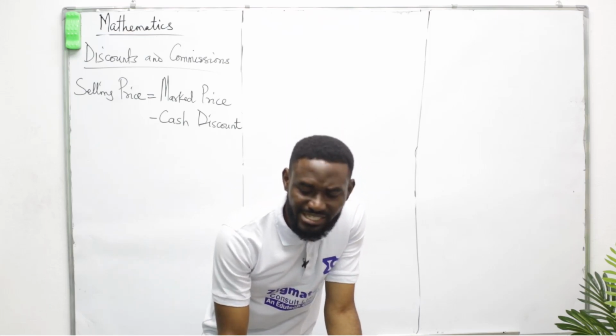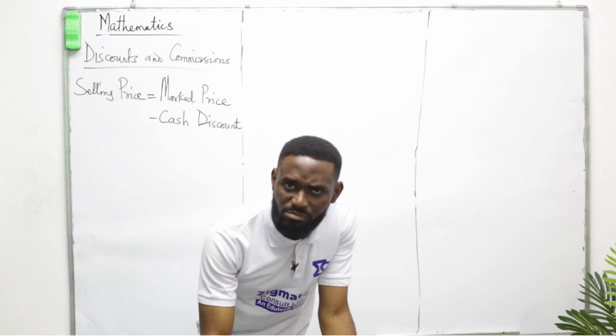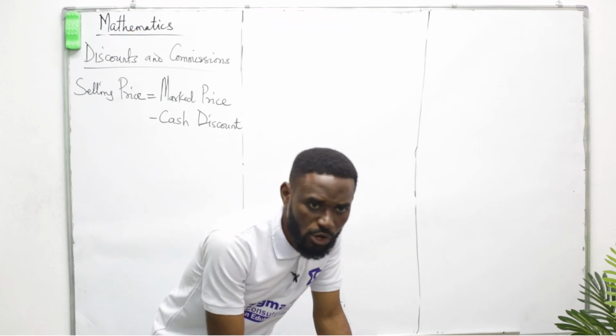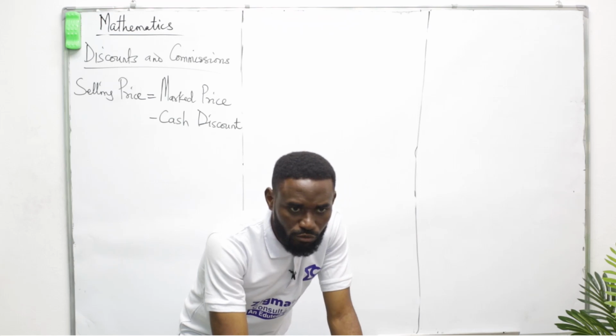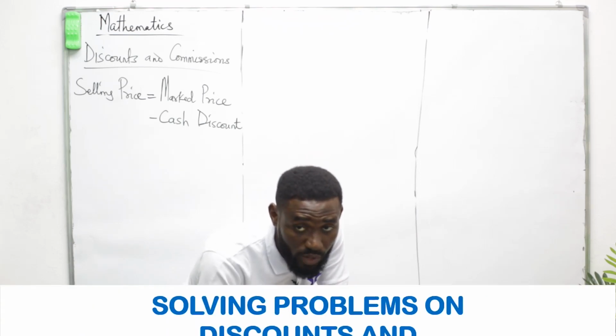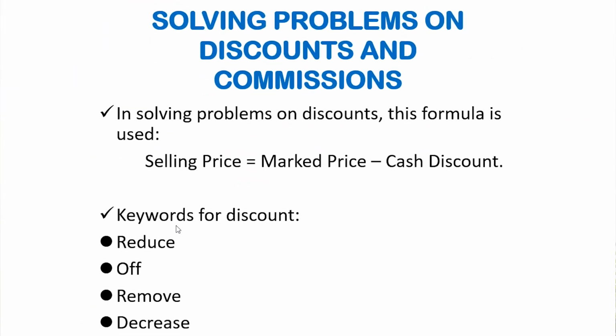When you have a discount on a particular product, it means you will not pay the real value of that product. So let's look at some keywords that, when we begin to solve, you will always see in place of discount. So once you see something like that, you know that they're talking about discount. Such words are reduced, so they can ask you to reduce something, or a trader reduced this item by this.